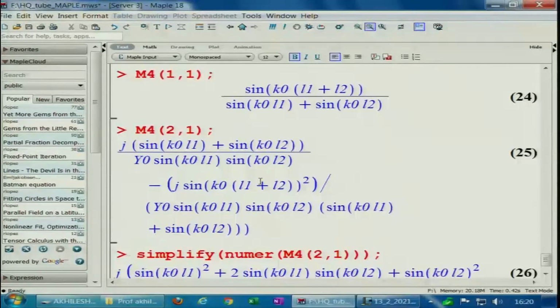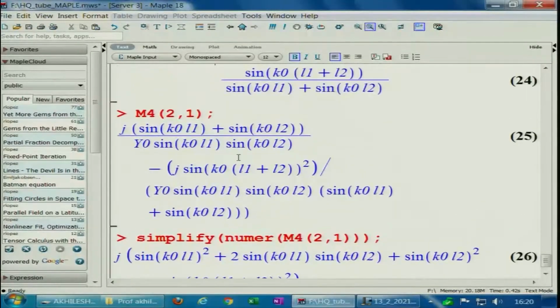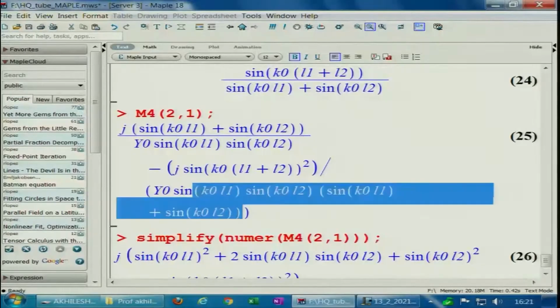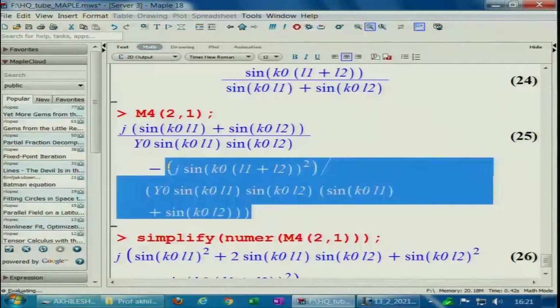Once you simplify this expression, after some standard algebra, what you will figure out is that this expression can be straight away written in the following form, and you have your S1 and S2 also in the denominator, which is basically here. And the numerator is this thing.